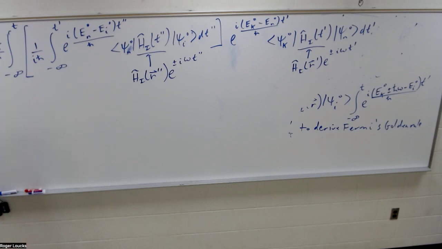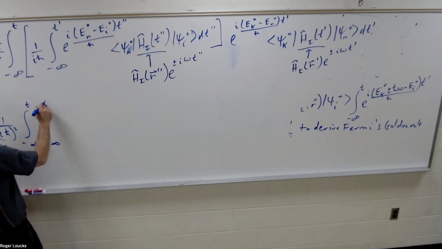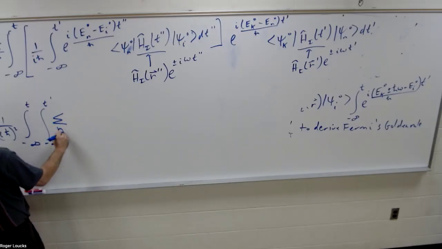Okay, so now, look. Let's actually work on this. So what do we have? We have 1 over i ħ over c squared. I'm going to have an integral from minus infinity to t, to minus infinity to t prime, a sum on n here.